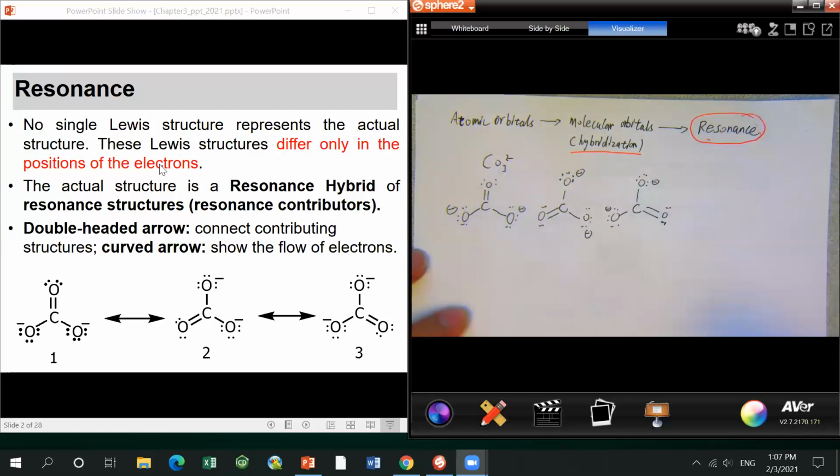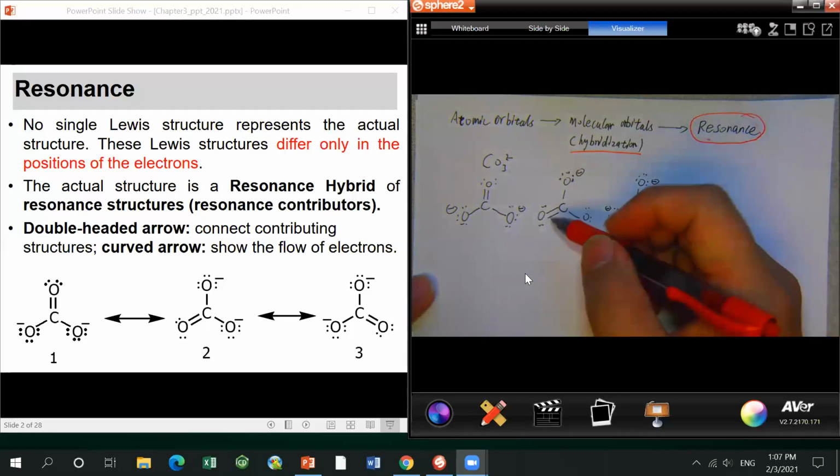All three are correct Lewis structures for carbonate, CO3 2-. The only difference is the location of the electrons.